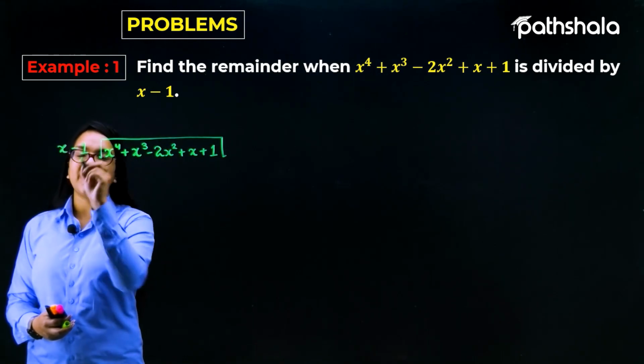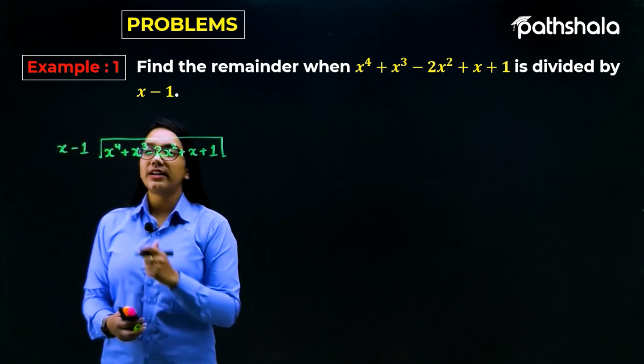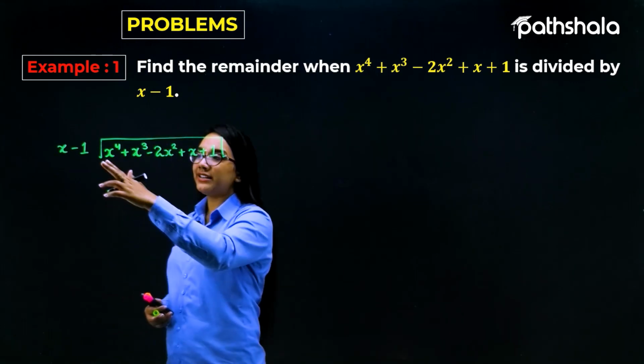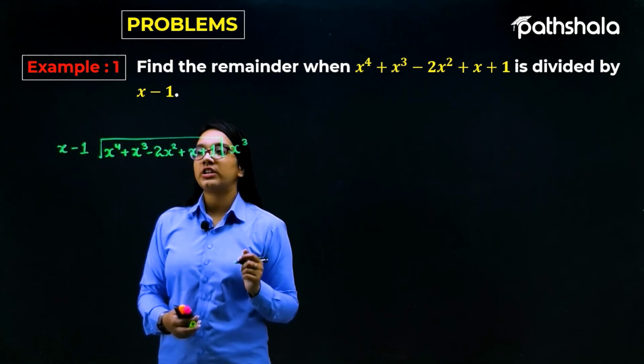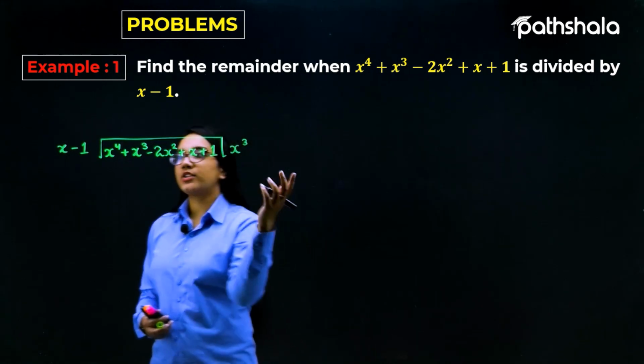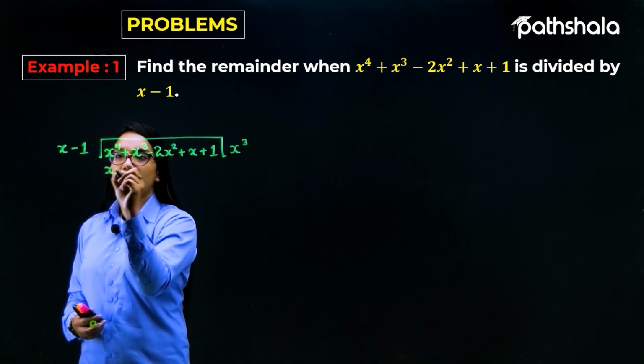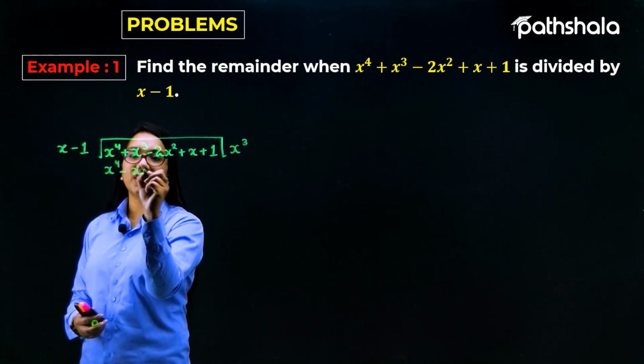Let's start dividing. We divide the very first term of the dividend by the first term of the divisor, so the new term of the quotient is x cube. Now multiply x cube with all of these terms: x raised to the power 4 minus x cube.